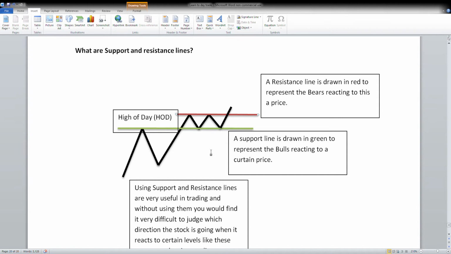So if we go back in the stock's timeline, in the morning, this isn't drawn to scale, it reaches the high of day, which we traders call the HOD, before slamming back down and pushing up, going past this point. Once upon a time, this support point was a resistance point.